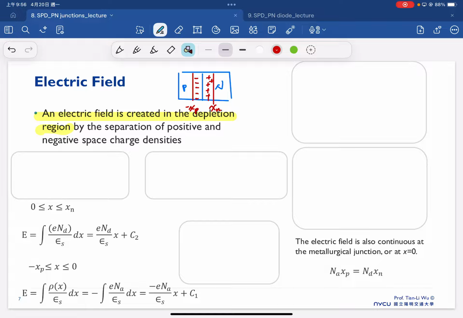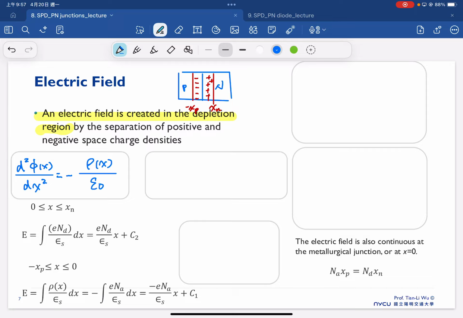In the Poisson equation, we all knew that the second order derivative of the potential versus the x direction is equal to minus the charge distribution along the x space over the dielectric constant.